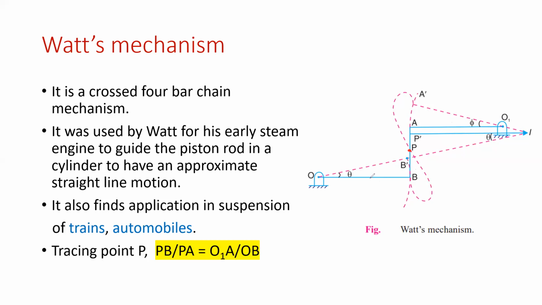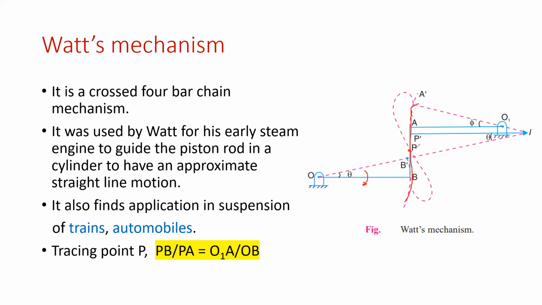So what will happen when you give angular deflection to the link OB? How will the motion of the other two links take place? This link AB will move in this path like this. But the particular point P will be moving along an approximately straight line like this.